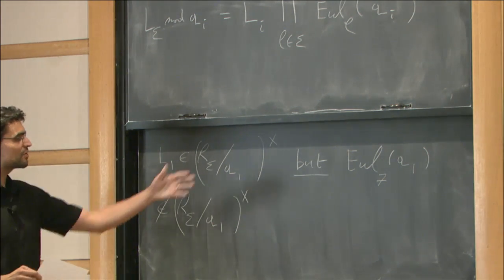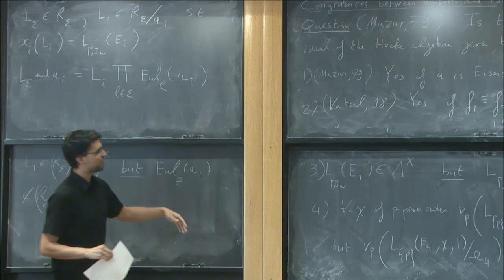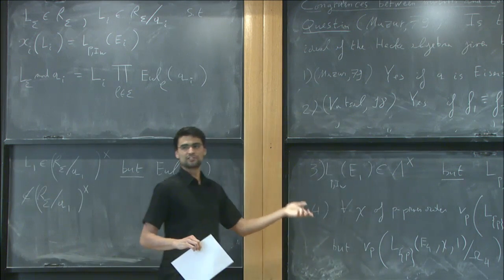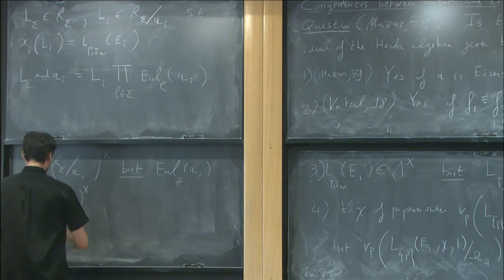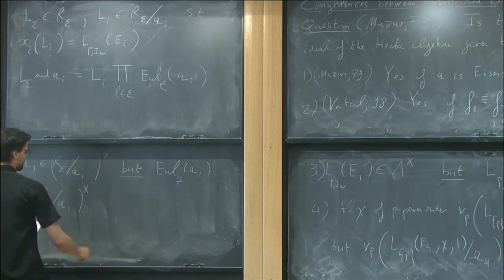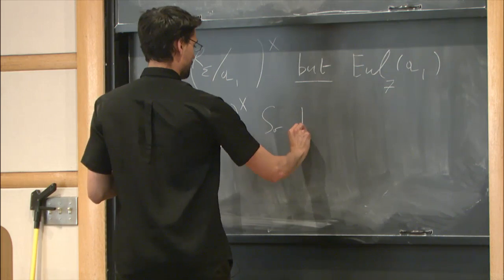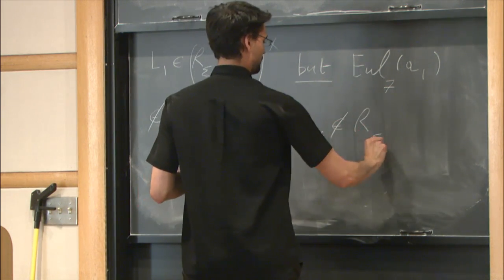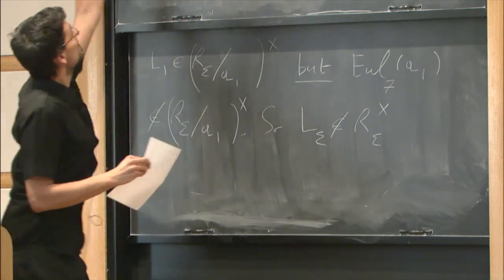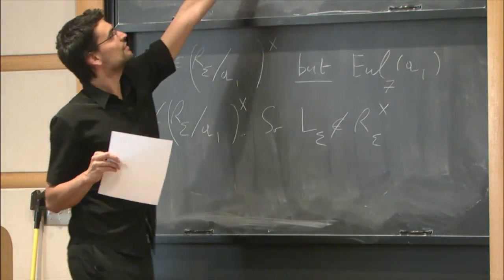And how do I know this? Because I can specialize it at x1 and compute it for E1. That's just the Euler factor for the elliptic curve. But this means that L sigma is not a unit. Because L sigma modulo A1 is a non-unit.